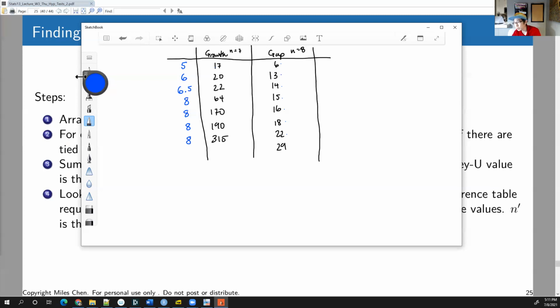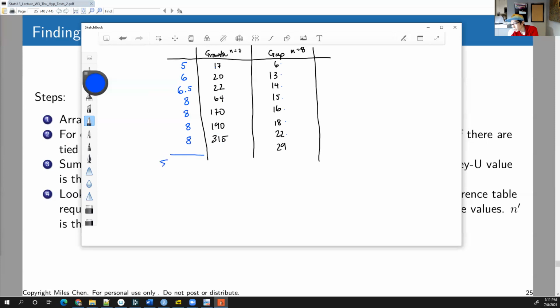And similarly, when you think about the mean of this column, it would be greatly affected by values like 315, right? This mean would get much bigger by the inclusion of 315. But if you think about how this translates into the calculation of our test statistic, this number 315 and this number 64 both contribute 8.